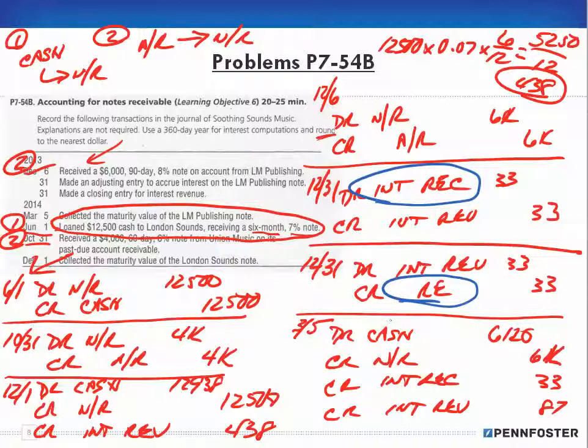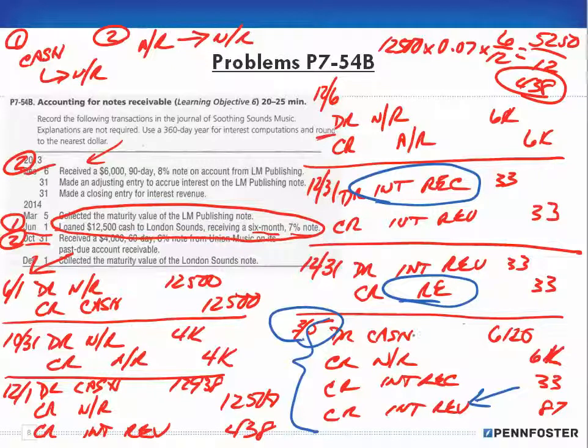The only other thing about this is right here, which I didn't explain. When it's paid off, you can make the one entry for the interest revenue, and that's great when you're making the entry in the middle of the month.